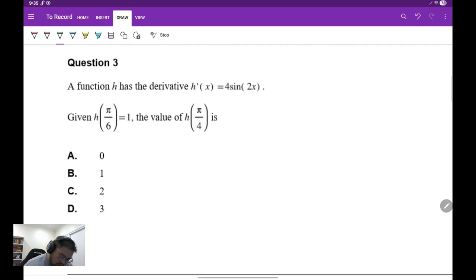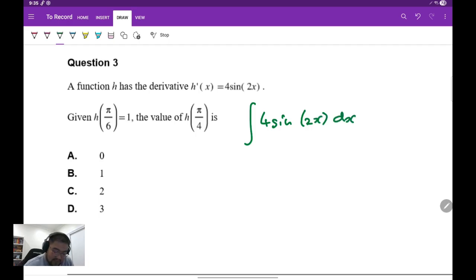Next one is a function has the derivative of this given h of pi on 6 is equal to 1. What's the value of h of pi on 4? So for this question, we need to find the antiderivative. We can do this by the CAS, or we can do this by hand. But let's do this by hand, and then you can work it out in the CAS on your own terms. So we need to work out the antiderivative of 4 sine 2x dx.